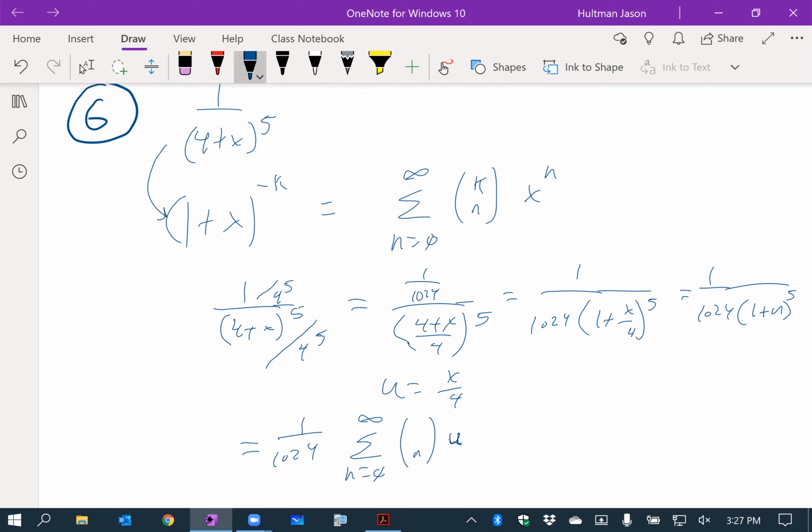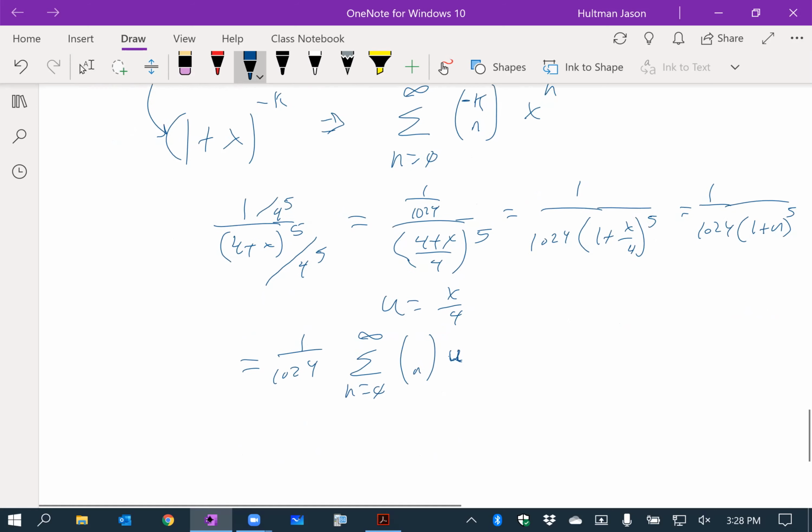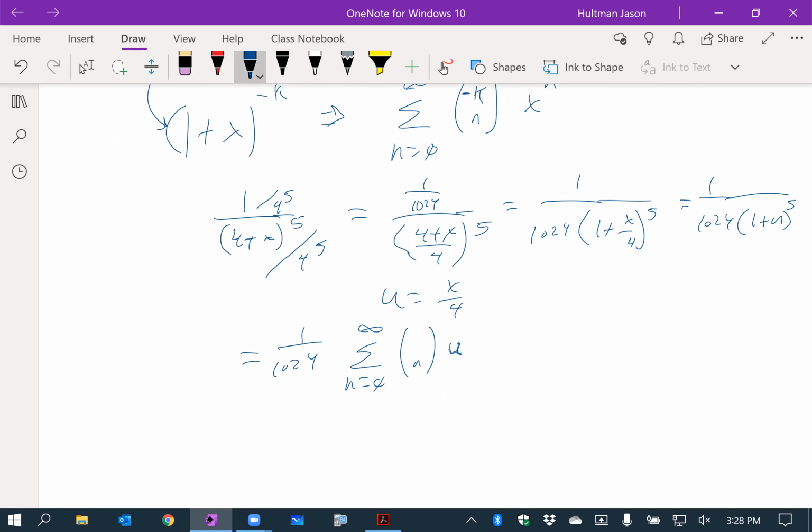That thing was for if k was positive, but k is negative here. I just have to take into account that this is now negative k choose n. Just keep that in mind. So it should be negative 5 choose n.